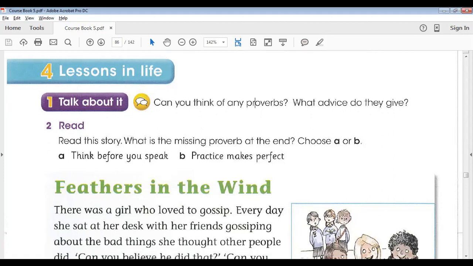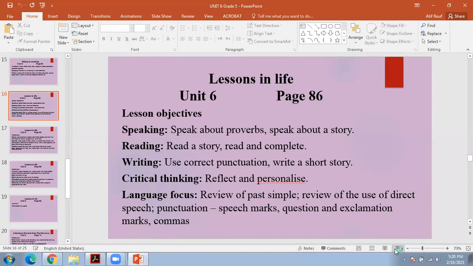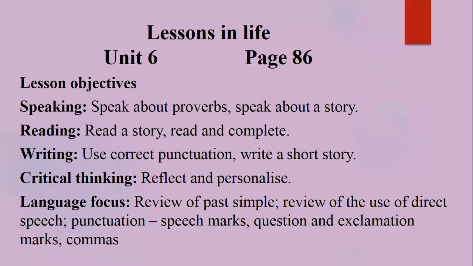Before we started the lesson, we discussed lesson objectives. So here are the lesson objectives on the screen right now. Lessons in Life, Unit 6, page 86. Lesson objectives. First, speaking activity.